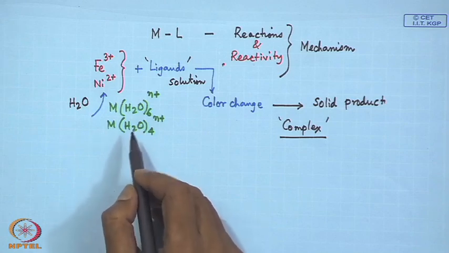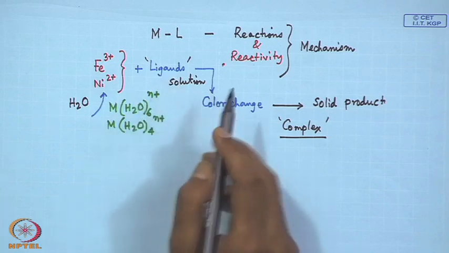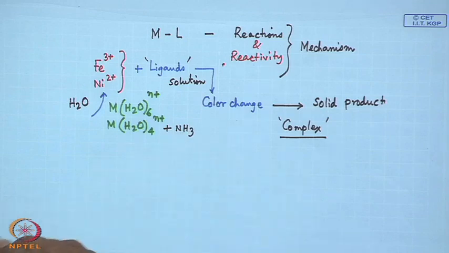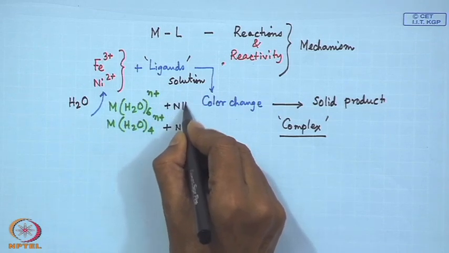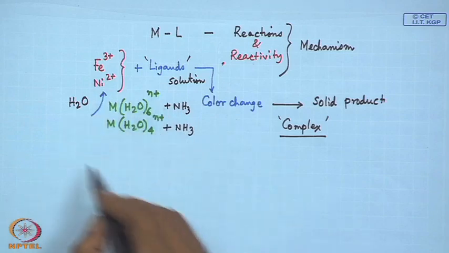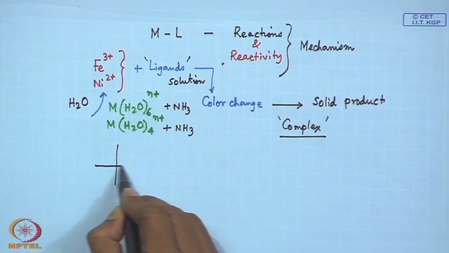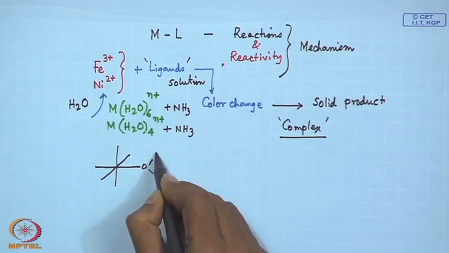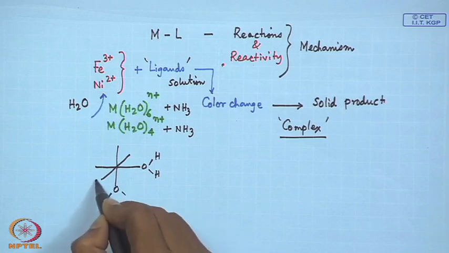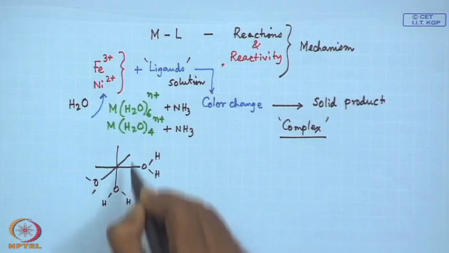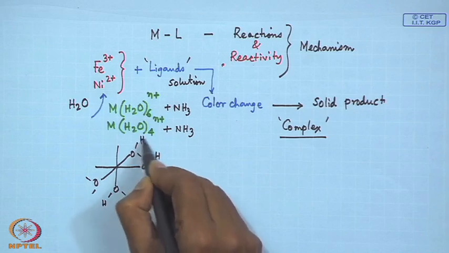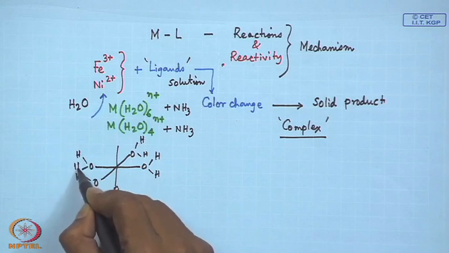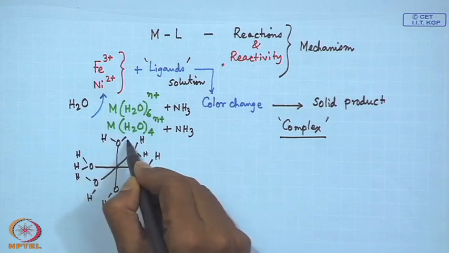So, these metal complexes, when they are reacting with any other ligand, say ammonia molecules, already have 6 water molecules surrounding the metal center.